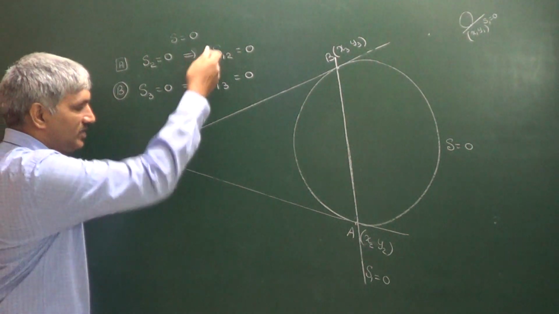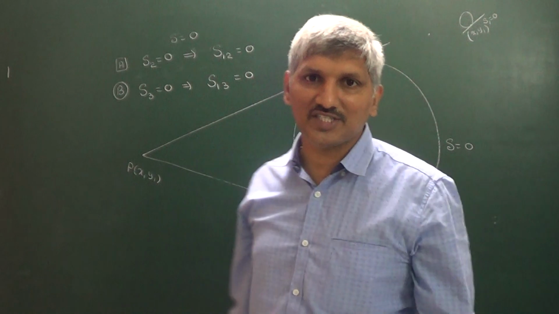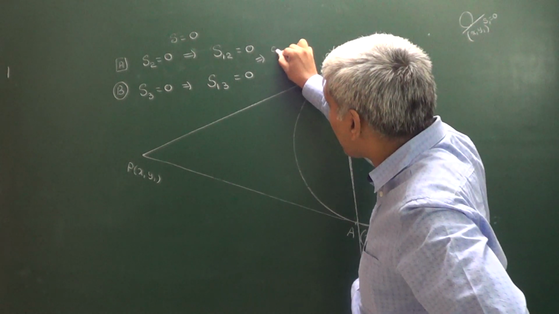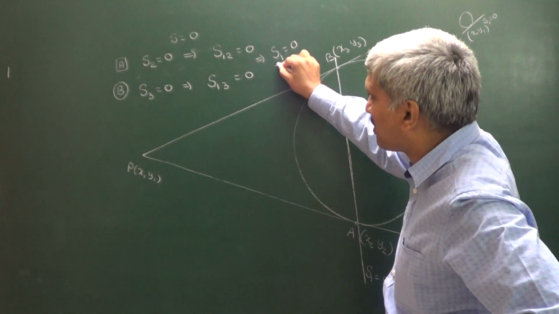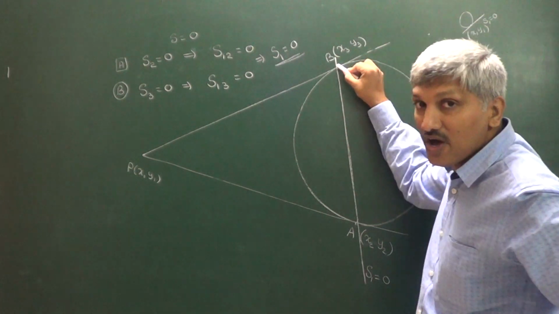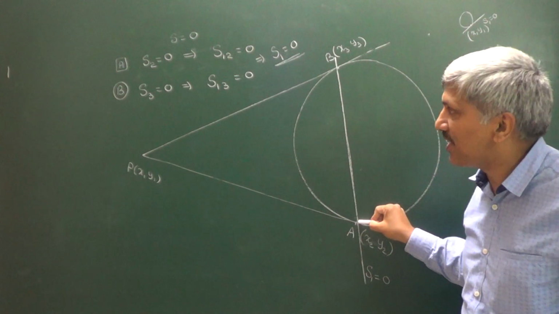Now observe here, S12 is equal to 0 and S13 is equal to 0. So what is the meaning of this? There is a line S1 equal to 0. On the line S1 equal to 0, the point (x2, y2) is there.